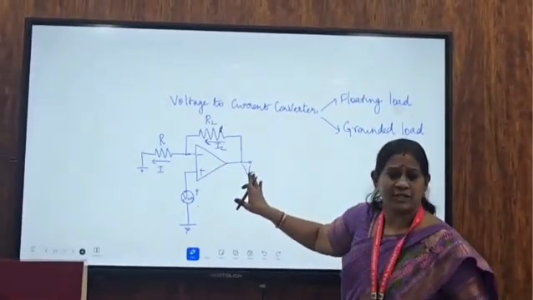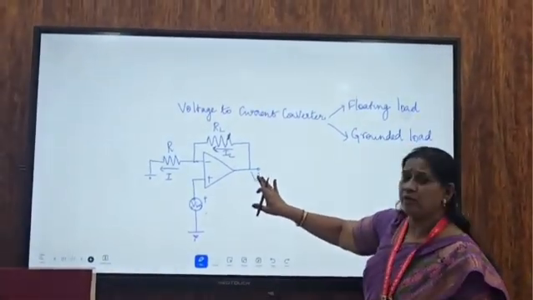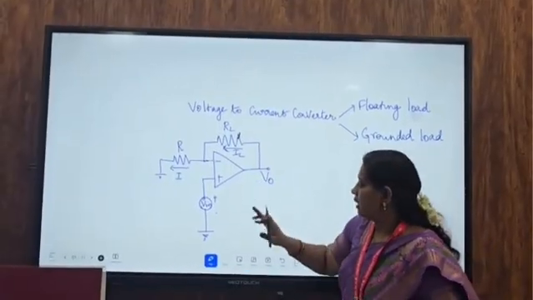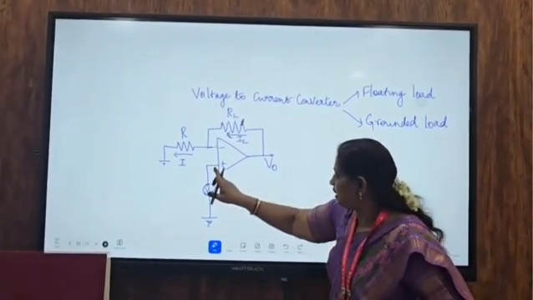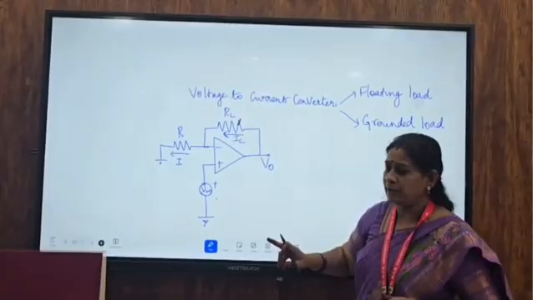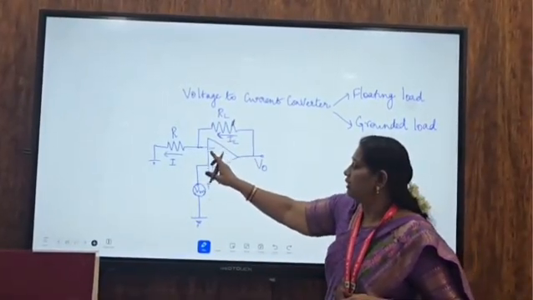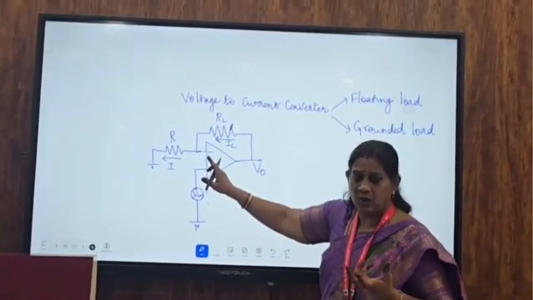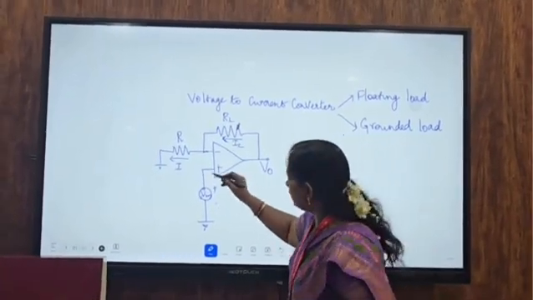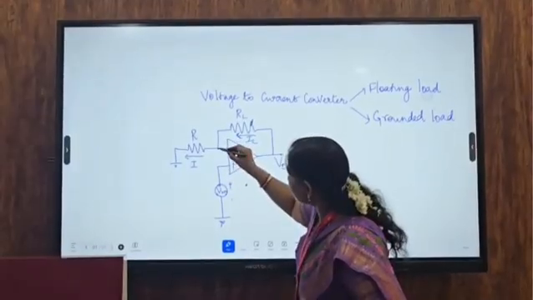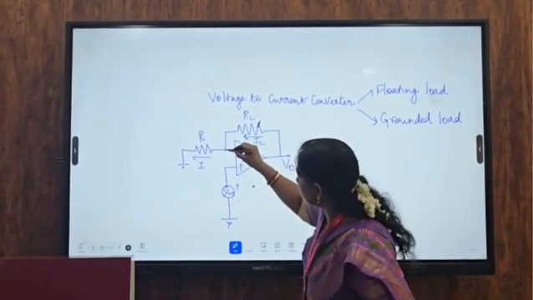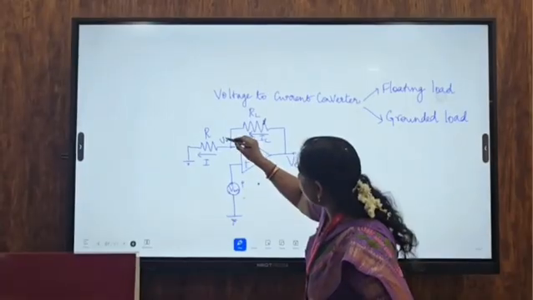The input is given to the non-inverting terminal. Since you have negative feedback, you have a virtual short. You know the concept of a virtual short, so whatever voltage is presented here will be presented at this node also. So here the voltage will be VA.